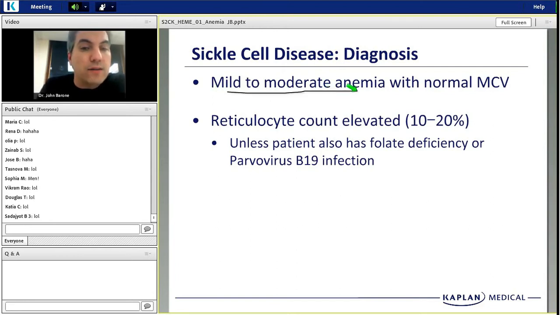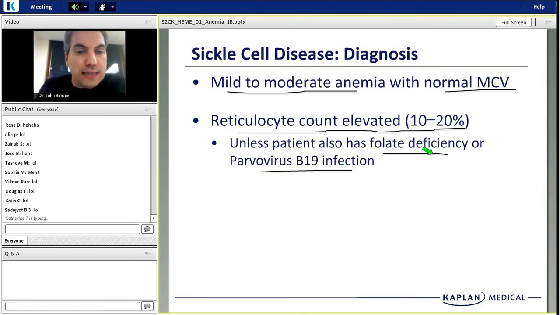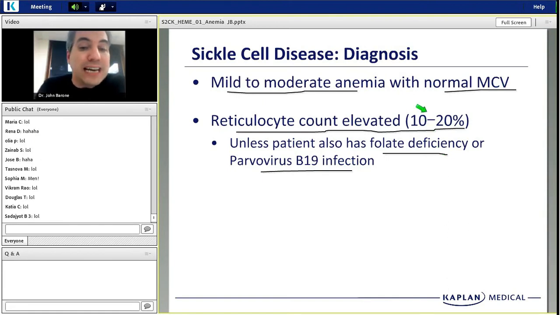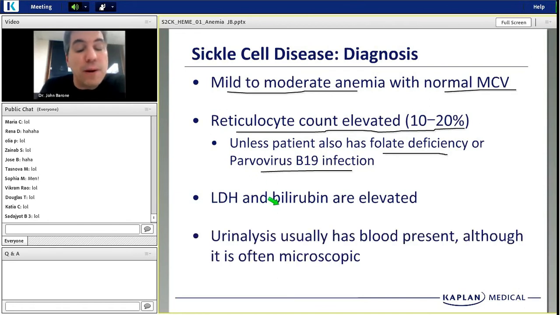You're going to have a mild to moderate anemia, and it'll be normocytic. But remember, retic count is sky high. If retic count is low, think about parvovirus B19 and folate deficiency. Now, retic count should be about 1%, so this is a really high retic count. In all hemolysis, LDH is up and bilirubin's up.